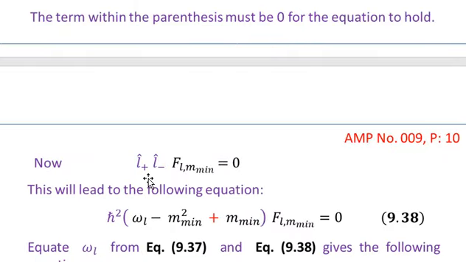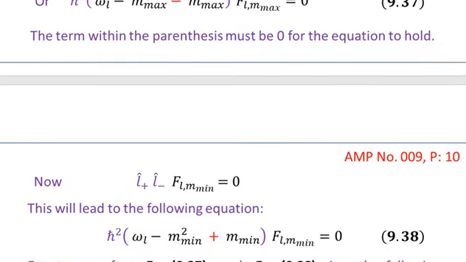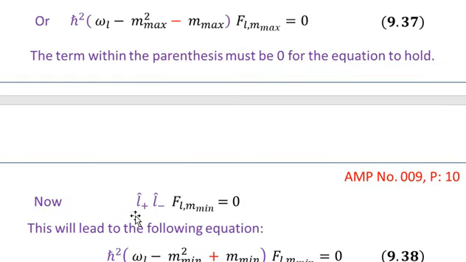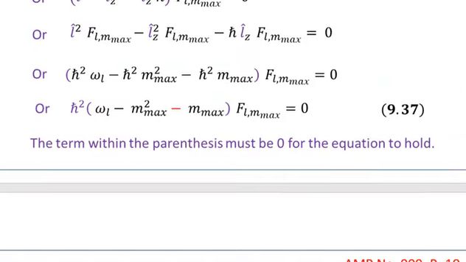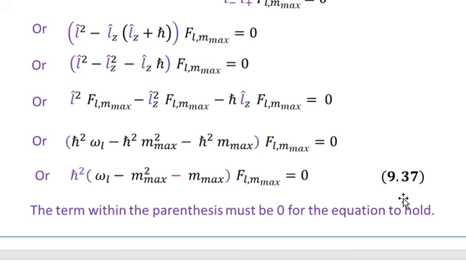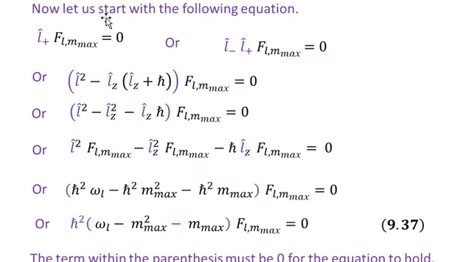So I can write equation number 37 in the form that L plus, and this is our final result shown in equation number 37, obtained when we considered that L plus was operating on FLM max.